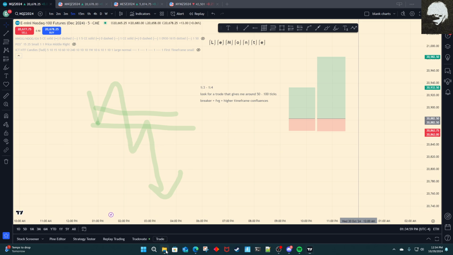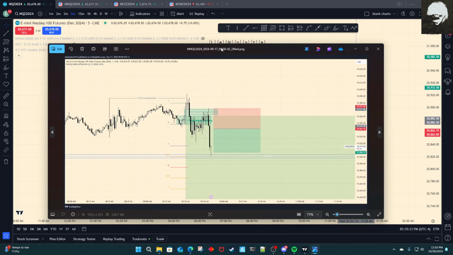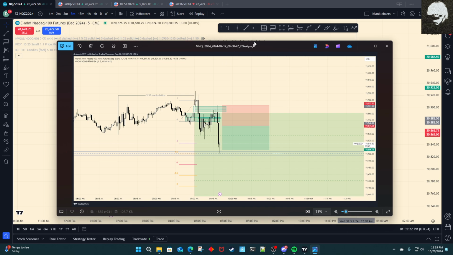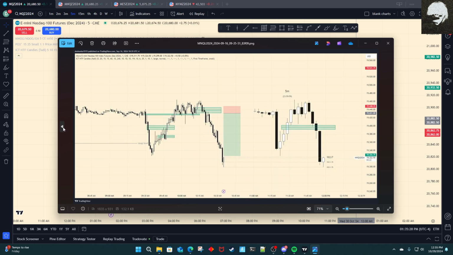So I can actually find a trade or a few of them where I've used this. Yeah. So you got a breaker here and just entered in the breaker. This one I got barely stopped out, like maybe a tick or two, and then it ran straight for TP.